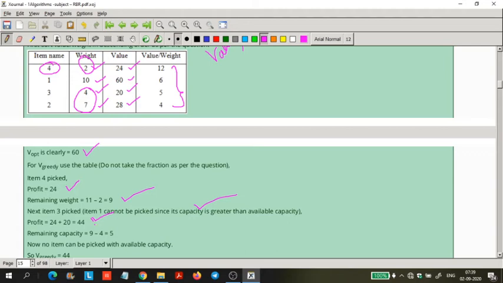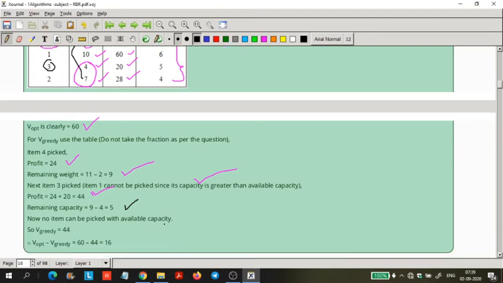Now item 3 is picked, and the profit is 24 plus 20, that is 44, and the remaining weight is 9 minus 4, which is 5.